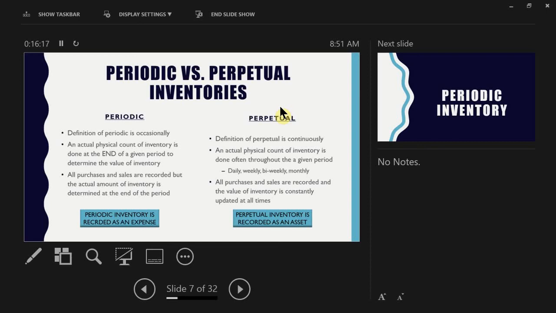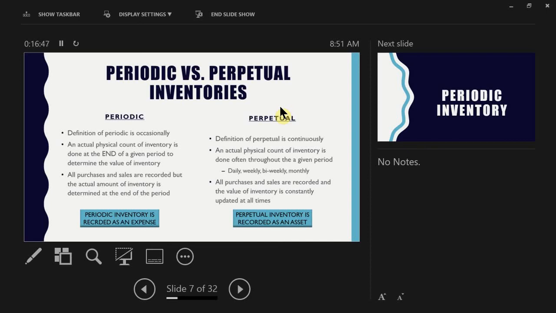Now, in terms of journalizing or recording this transaction, there are two key differences. When you are using periodic inventory, you are assuming that when you make a purchase, it's going to be considered an expense. So you're going to have a purchase expense.